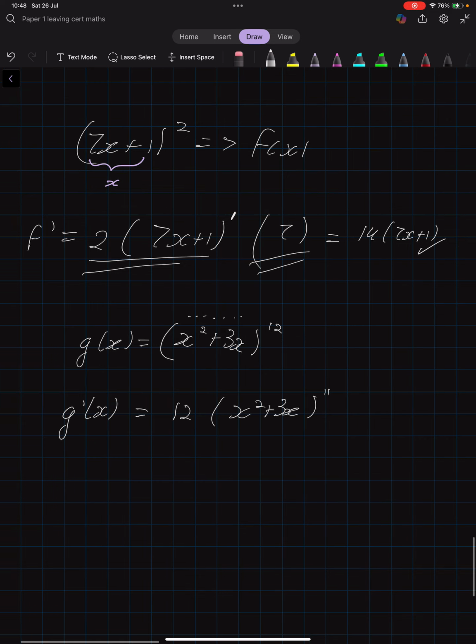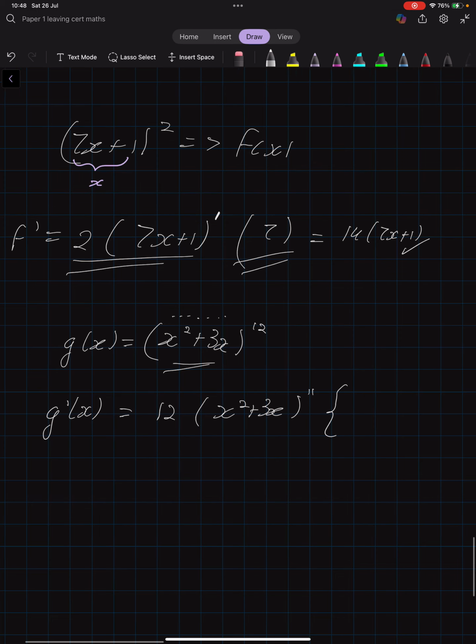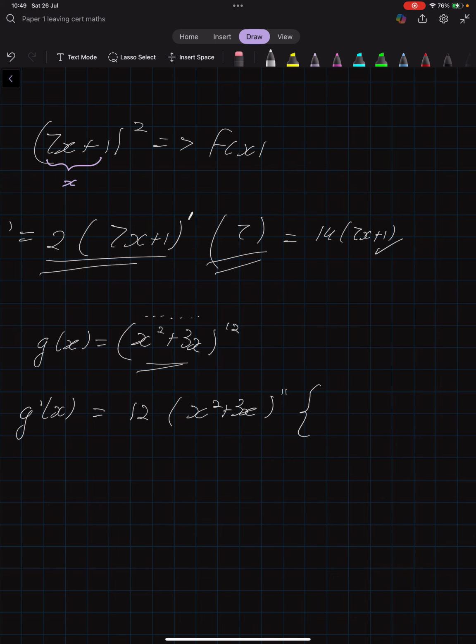And now I need to multiply by the derivative of the thing I pretended was x, which is this thing. If I differentiate x squared, that becomes 2x. And 3x becomes plus 3. Boom, you're done. Nothing else has to be done. You're finished. So hopefully that comes across and makes sense.